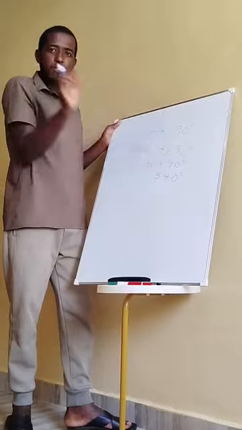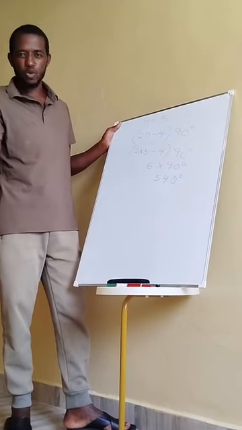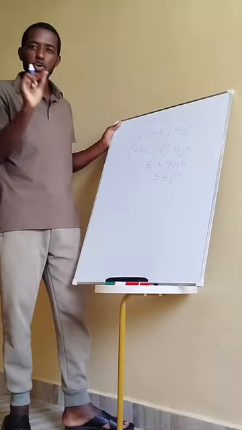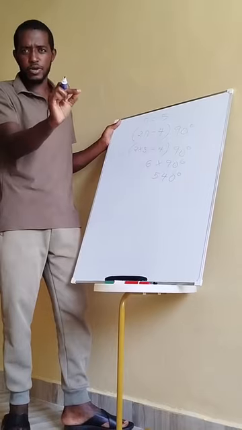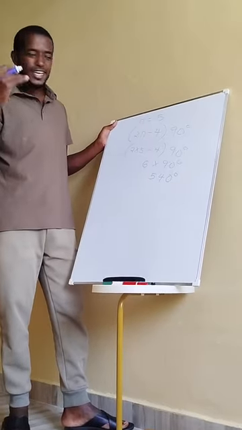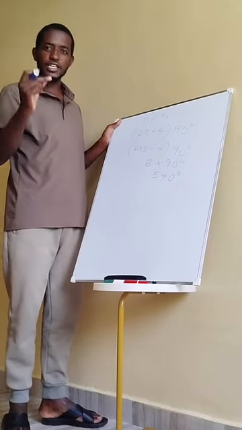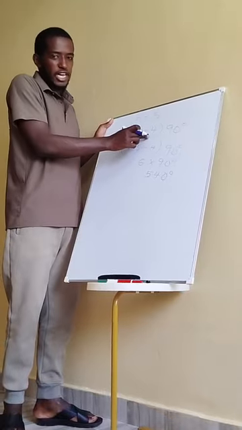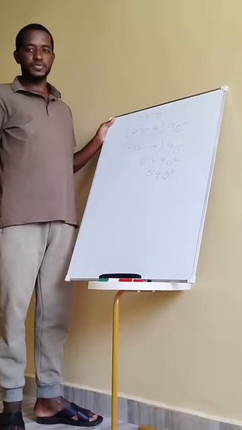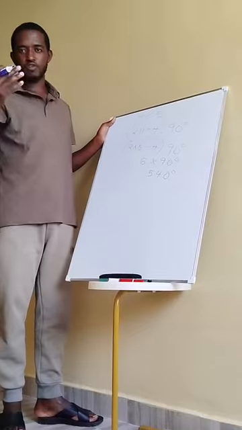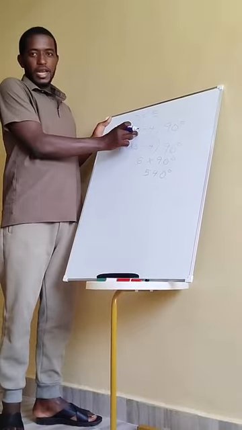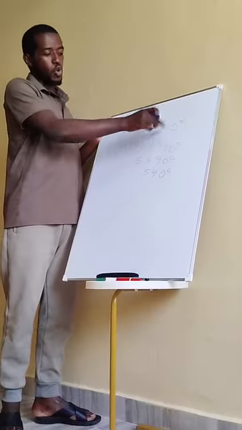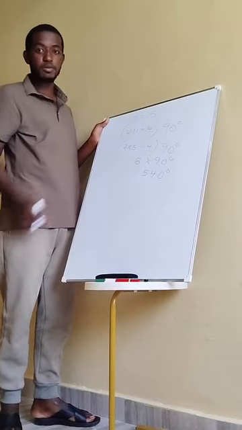So whether the polygon is regular or irregular, provided that you know the number of sides of that polygon, you can get the sum of interior angle by using the formula 2n minus 4, times 90, whereby n is the number of sides. You multiply, subtract, then you open the bracket by multiplying it by what?